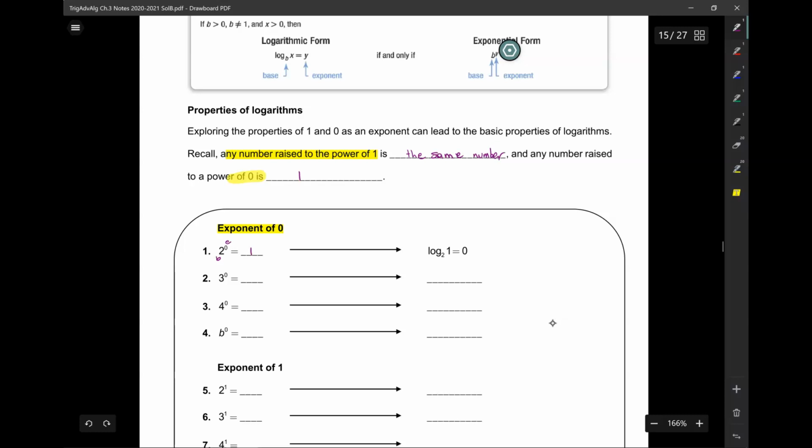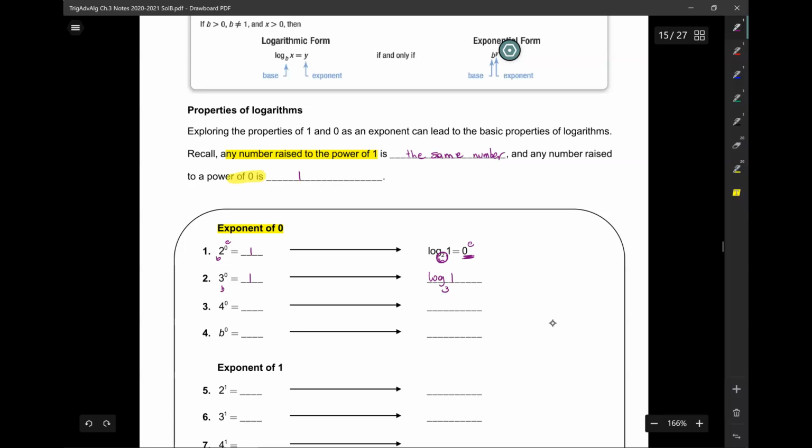So now look, I have base, exponent. So here I can write that as log base 2 of 1 is 0. What this is asking is, what should be the exponent of 2 so I get a 1? And the answer is 0. Okay, 3 to the 0 is 1. So if I write it as a logarithm, log base 3 of 1.